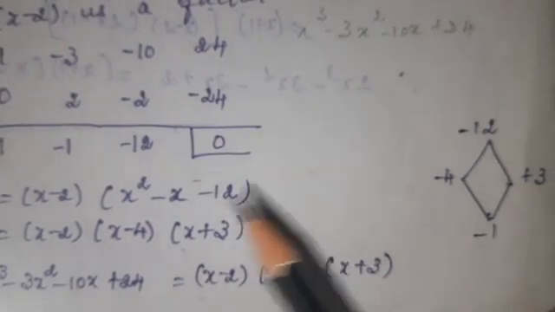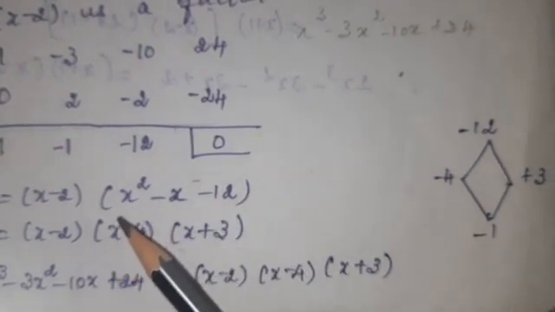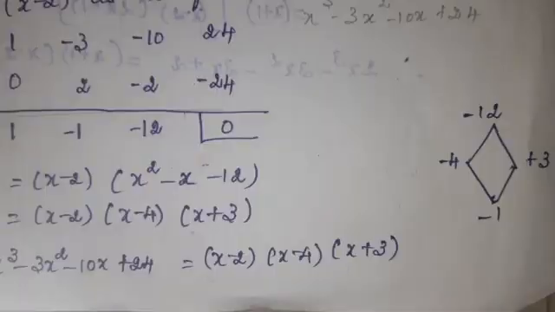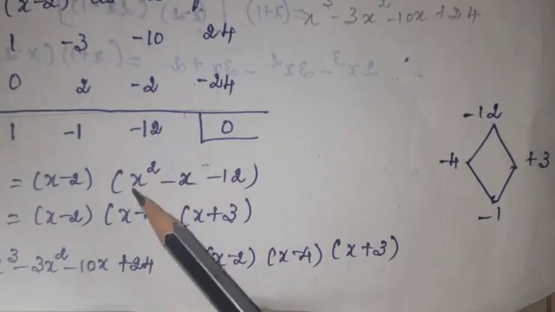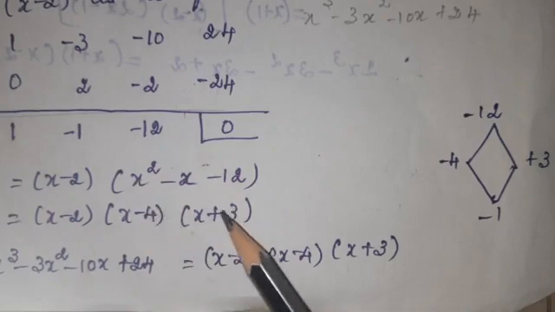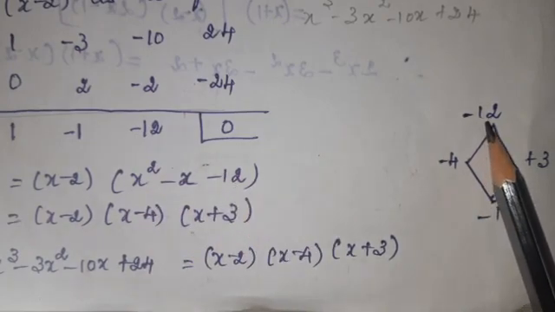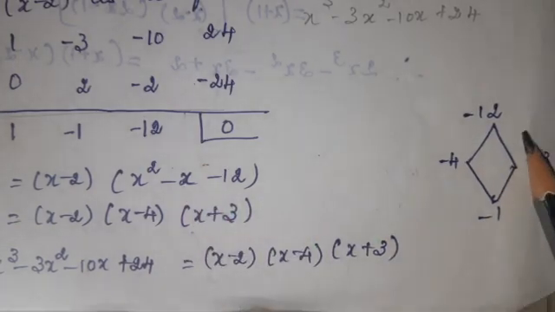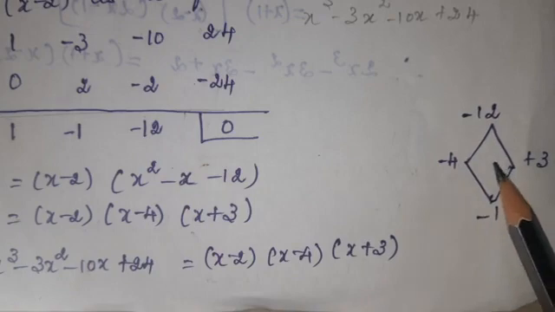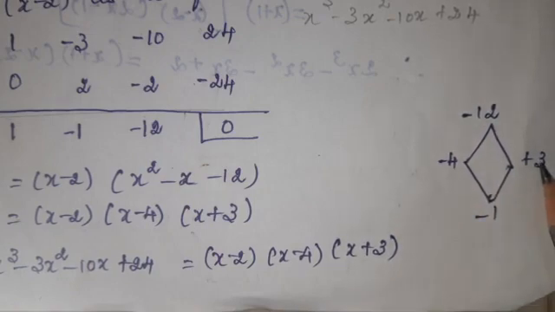See the rough column. The x square term has no coefficient, so directly we can take the last number, it is minus 12. Here the coefficient is minus 1. So what numbers are possible? It is minus 4 into plus 3.